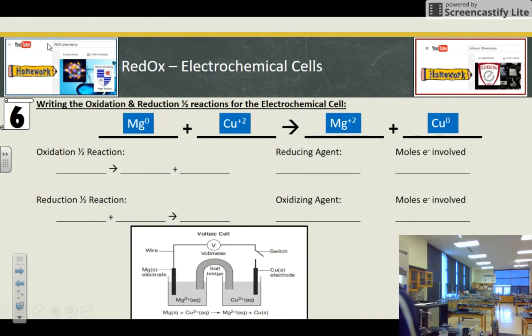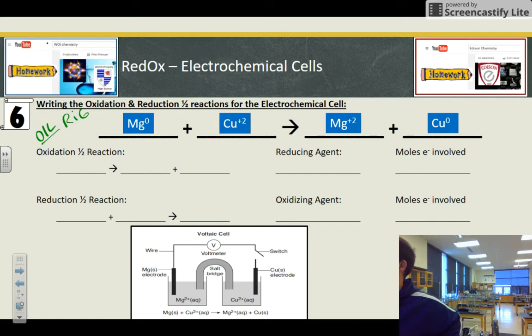So I got Mg going from 0 to +2. I need to write down Oil Rig, right? 0 to +2. Plus 2 means more protons, so I must have lost electrons. So lost electrons is oxidation.